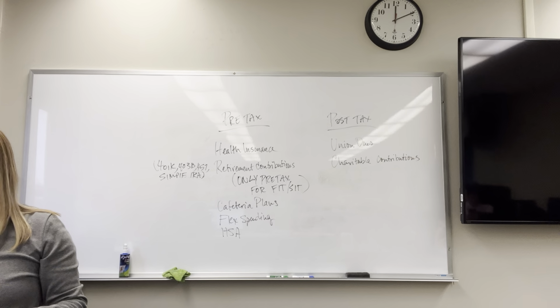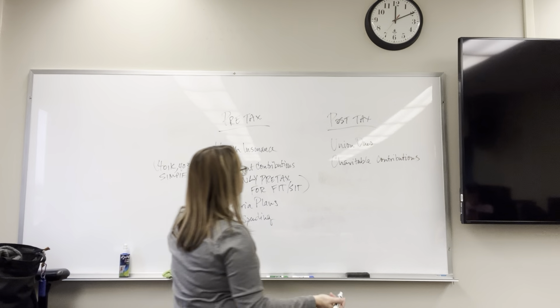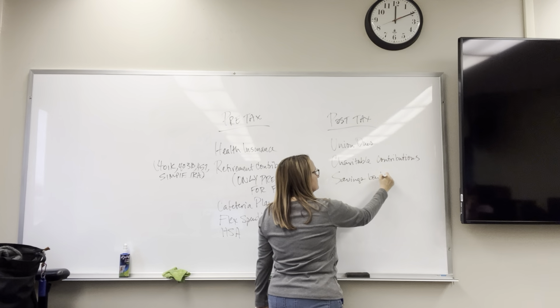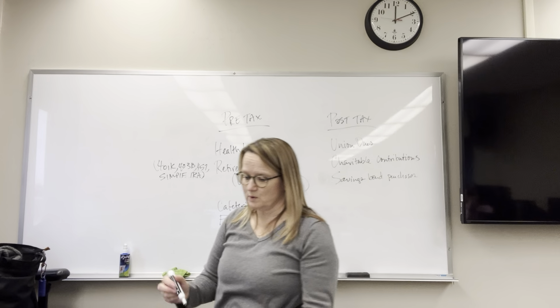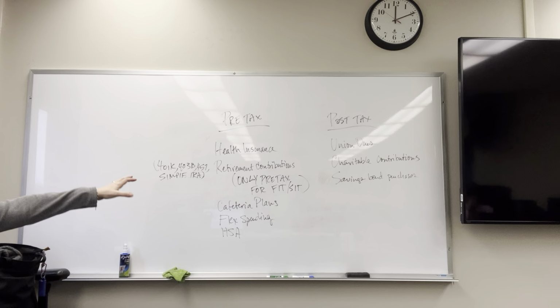If it's going into savings bonds, you're having amounts withheld going into savings bonds. That list as well would be quite extensive. So these are amounts the employee is contributing or having withheld, so it's coming from their paycheck. Some of them are tax sheltered, some of them are not. So be able to make the distinction between those two.